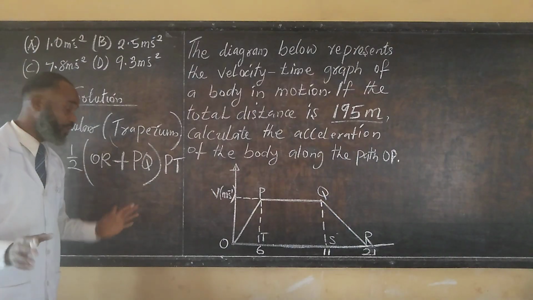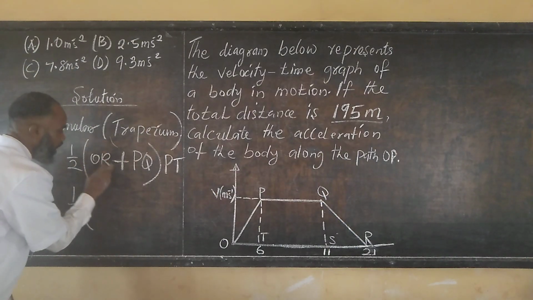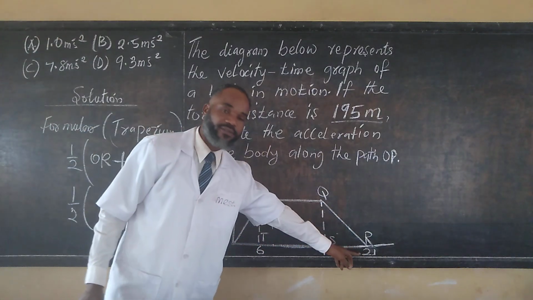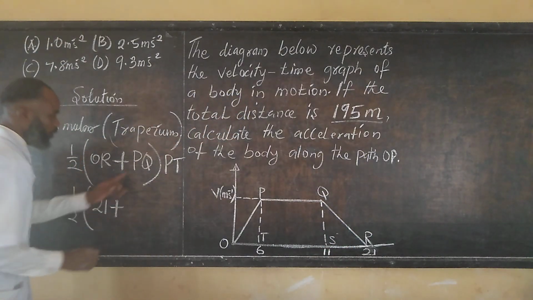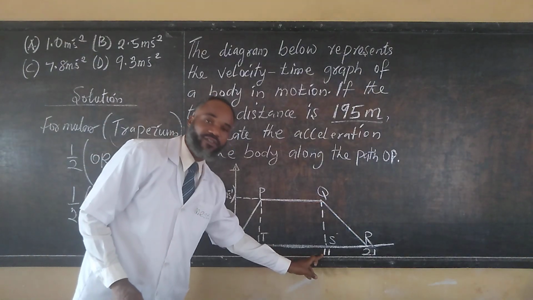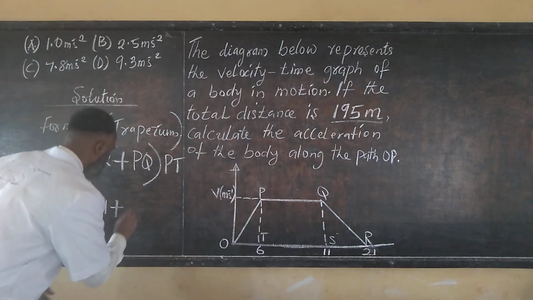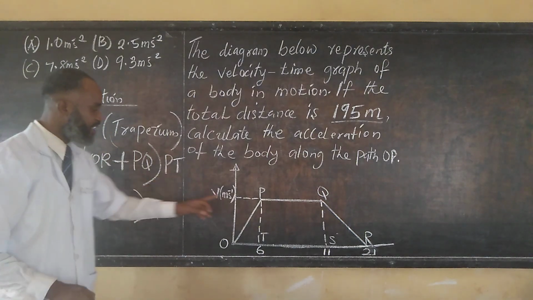The next thing we are going to do is to substitute. We substitute OR is 21. For PQ, that's the difference between 6 and 11, which is 5, all right? And then the height, PT.